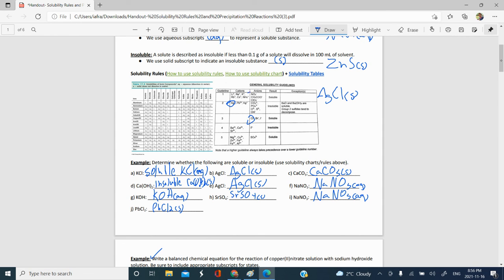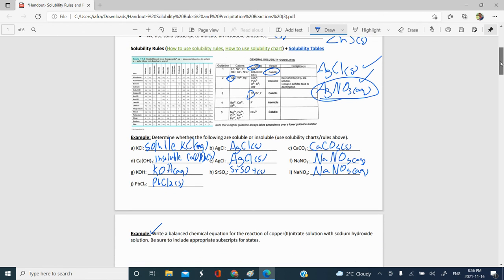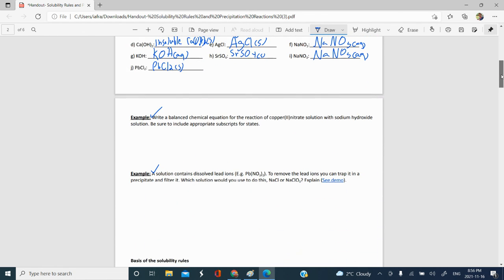But AgNO3, with NO3 on top here, wants to be soluble. So AgNO3, aqueous, is actually soluble. We were lucky that in this case we did have an insoluble one and a soluble one, and we could check our work. We picked that AgNO3 would be the more soluble one because of the ion size.